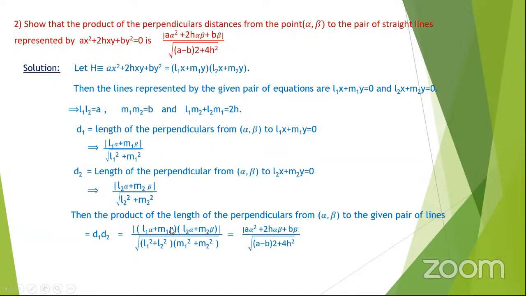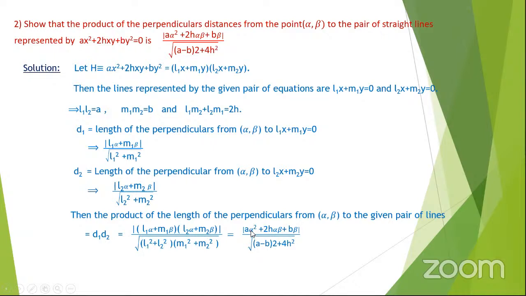Now we are writing this: (L1 alpha plus M1 beta) into (L2 alpha plus M2 beta) by under root of (L1 square plus M1 square) into (L2 square plus M2 square). When we multiply these two, we take alpha square common.